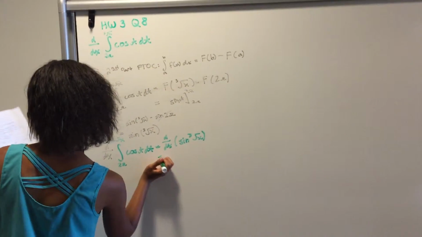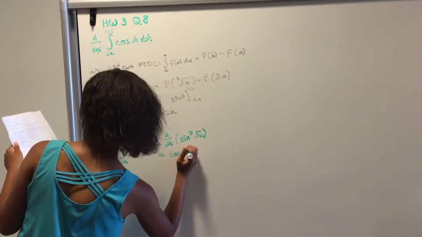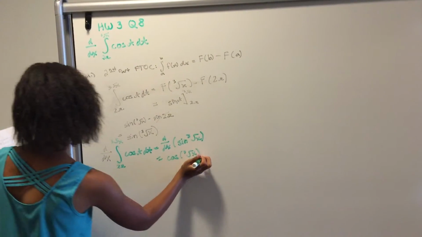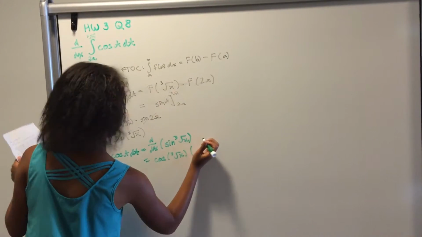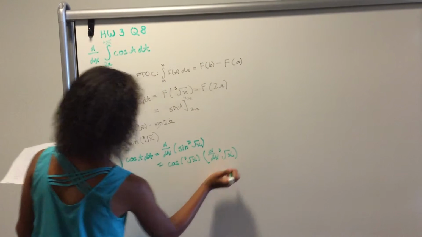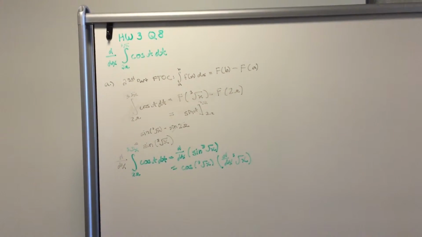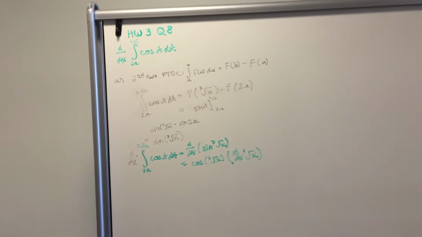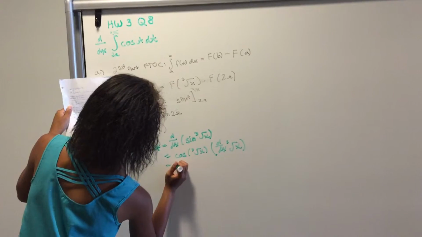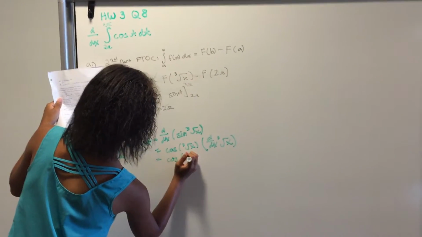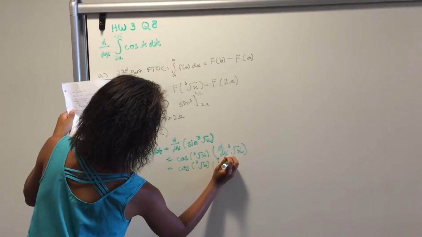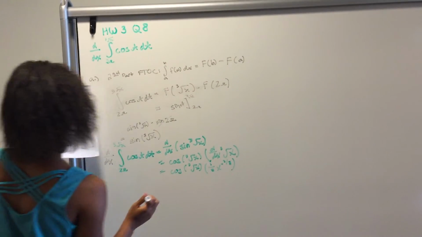And this equals cosine of third root x times d dx of third root x, which equals cosine of third root x times 1/3 x to the negative 2/3.